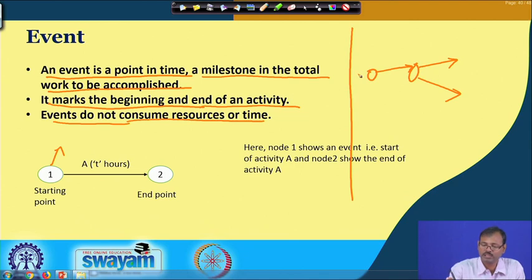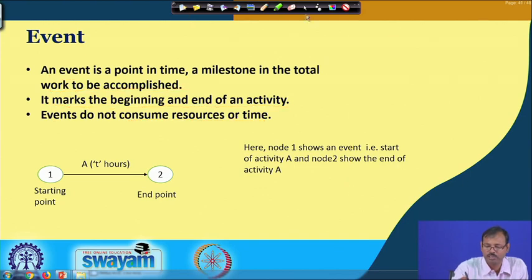Whatever the time requirement and cost requirement, those lie in the activities. There is no cost and no time requirement for the nodes. This is the essential assumption made in the arrow diagram, or network analysis.